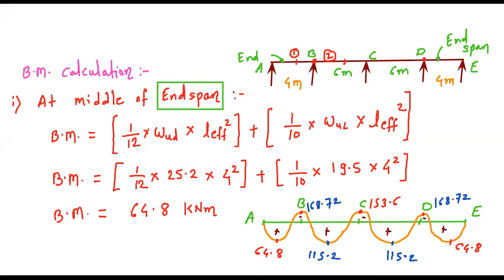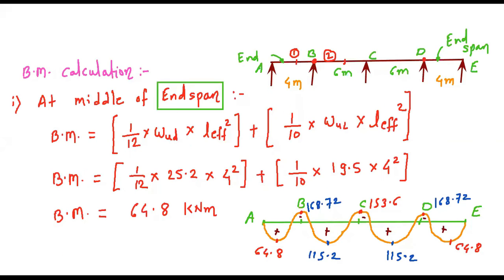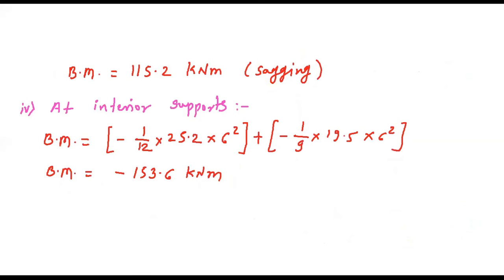Now we will check the depth for the maximum moment. 168.72 is the maximum hogging moment, that is the maximum negative moment, and 115.2 is the maximum sagging moment. So here I will check the depth now.